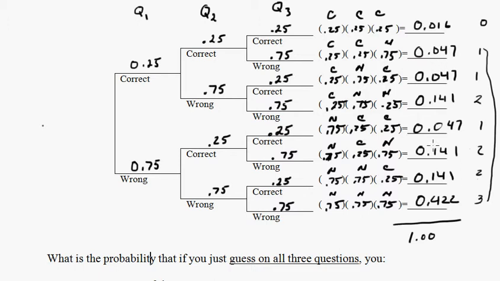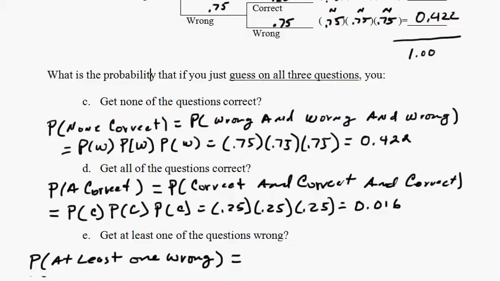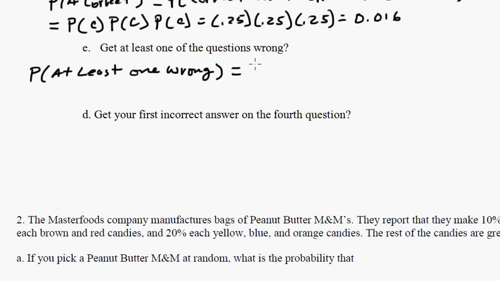Or what you can do is, since this totals to 1, just do 1 minus the probability that they're all correct. So that's what we're going to do. Let's go down here and say that's going to equal 1 minus the probability of all correct.